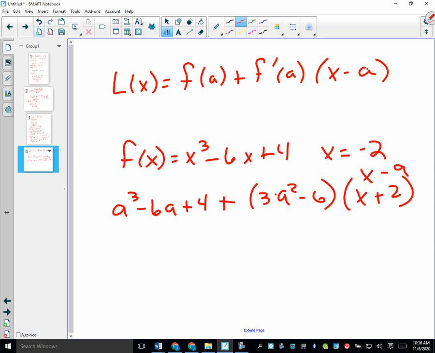Negative 8 plus 12 plus 4 plus, 3a squared minus 6, plus 6 times x plus 2? Just putting 2 for a, not 2 for x. So I do f of a, f prime of a, times x minus a. Everywhere there's an a, I plug the number in.